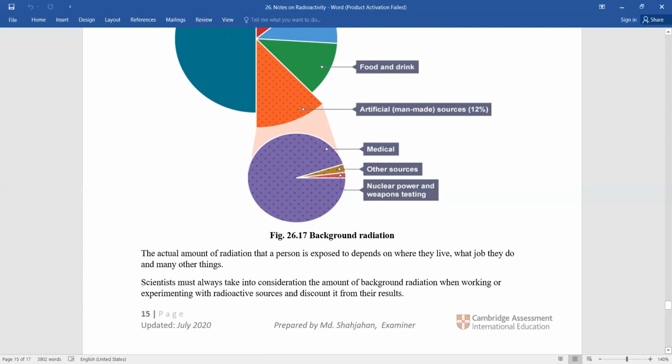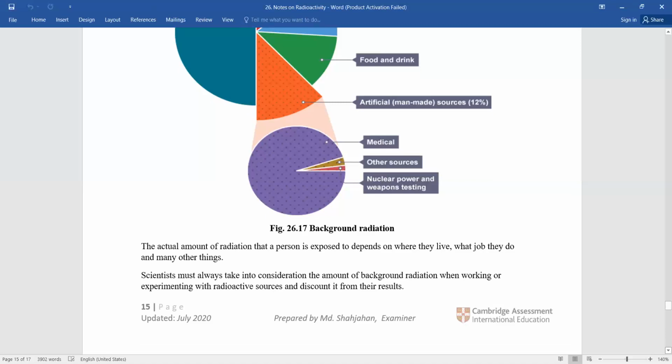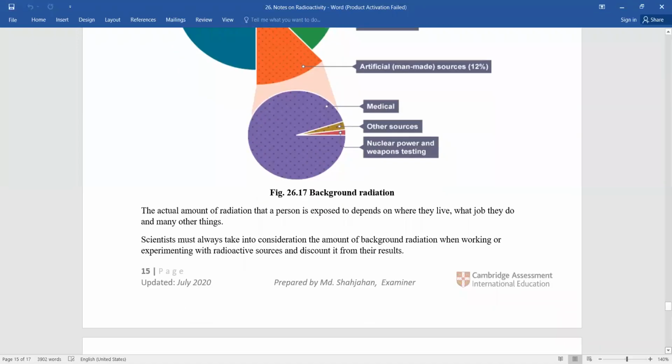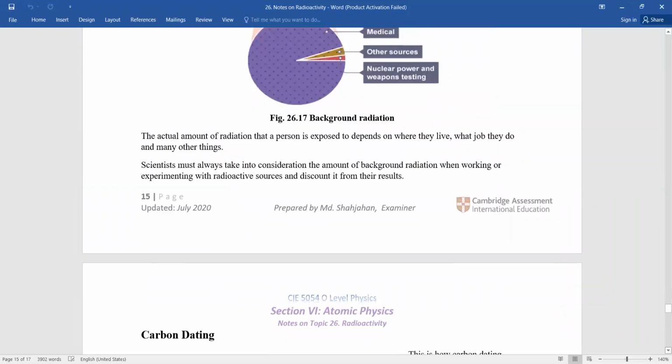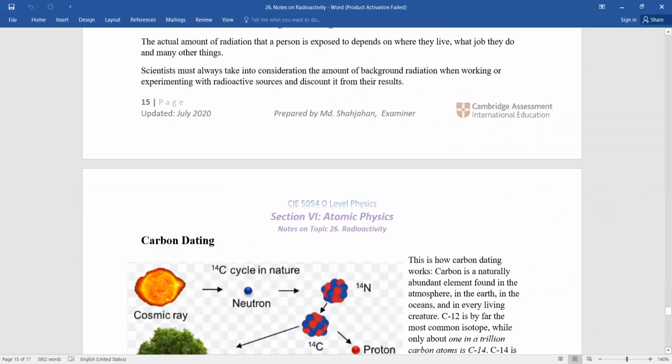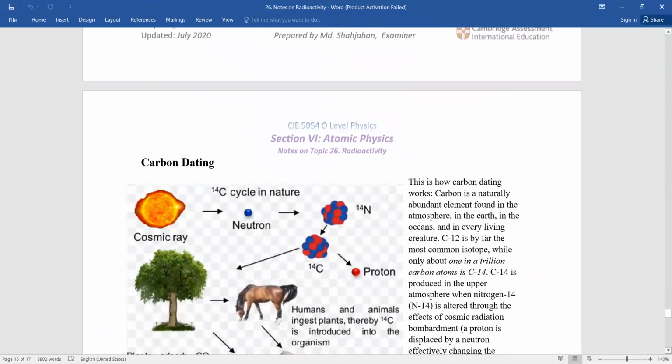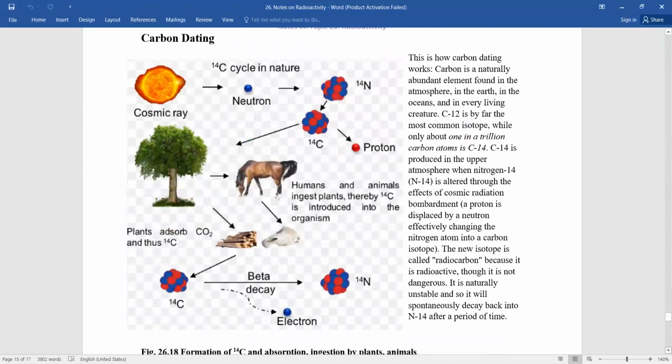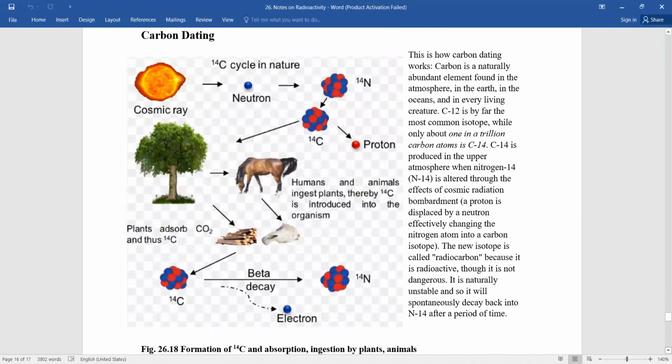Also, the background radiation definition is coming, and sometimes it's asked: what is the main source of background radiation? Radon gas. And what are the man-made sources? What are the natural sources of background radiation? This way it also comes. Is it clear? Yes, got it. Okay. So if it comes this way, you can solve, right?